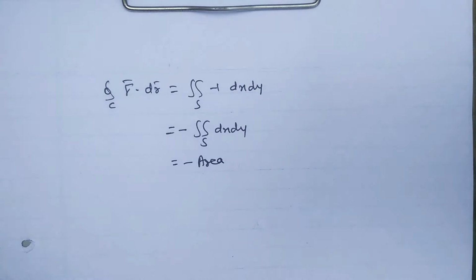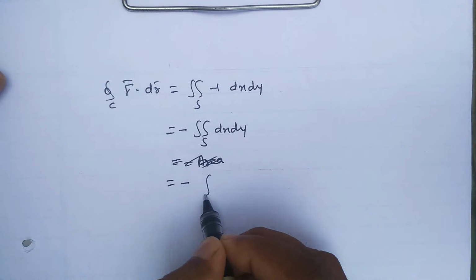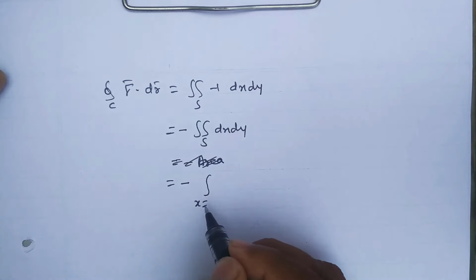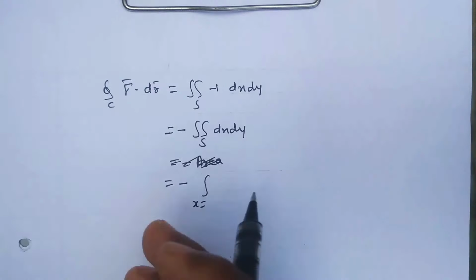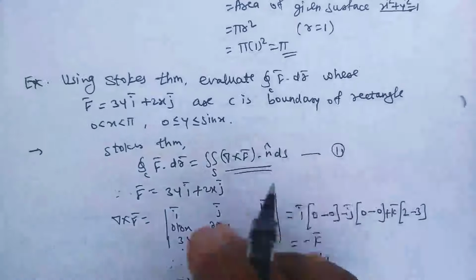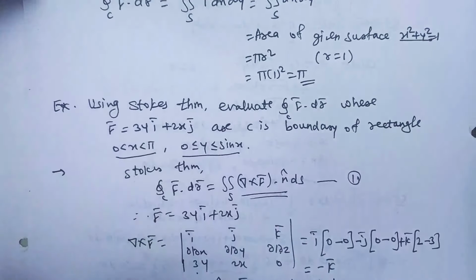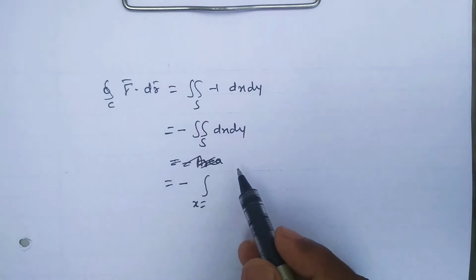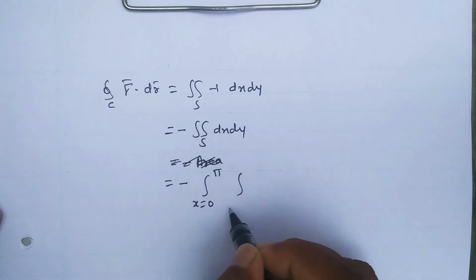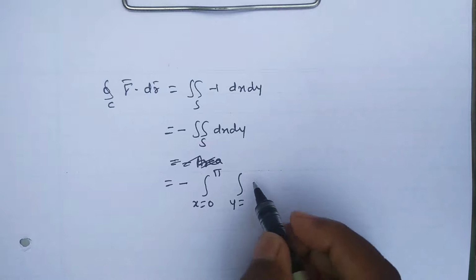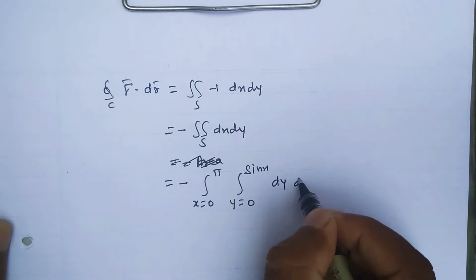But instead of calculating area, we are given the limits: x varies from 0 to pi and y varies from 0 to sin x. So actually you calculate this double integration, x varies from 0 to pi and y varies from 0 to sin x, dy dx.